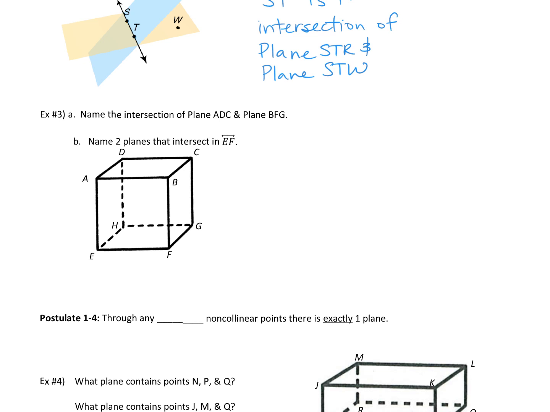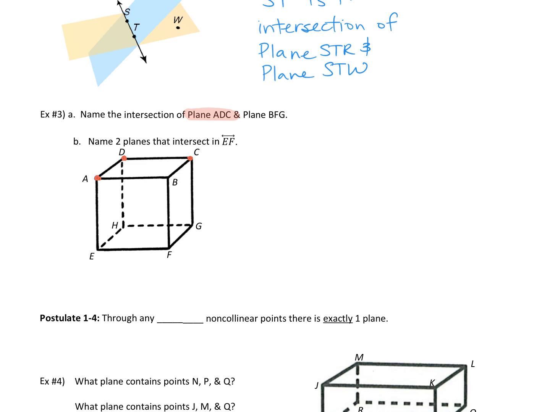Here's what I would do. I would say plane ADC is going to be my kind of burnt orangey color. So plane ADC, we jumped to a different color. Here's A, here's D, here's C. Which plane are we talking about? Is it the front, back, left, right, top, bottom? Top. It's the top.